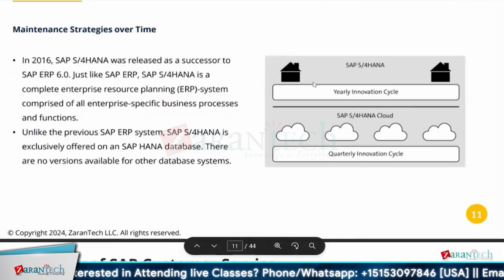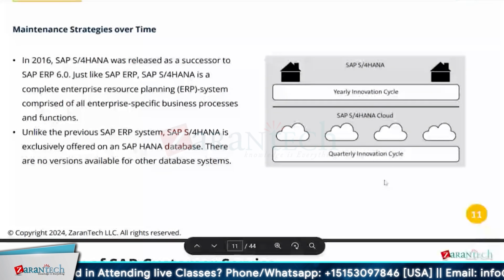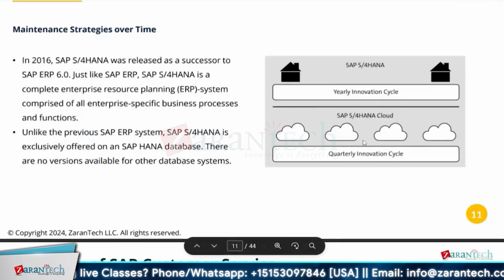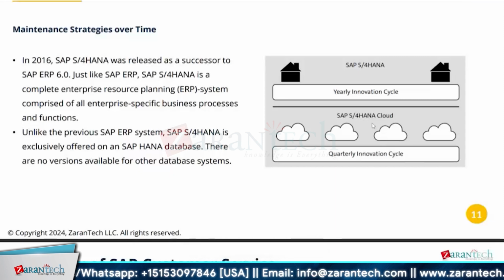If you look at the picture on the right-hand side, this is the quarterly innovation cycle. We have four cycles, and on top of that, SAP S/4HANA Cloud. Now that we have cloud in place, HANA is in cloud, which is much easier to use than on-premise, because on-premise, everything we need to do on the system.